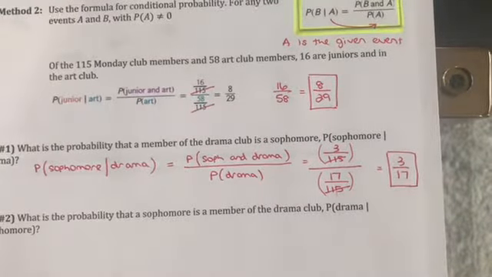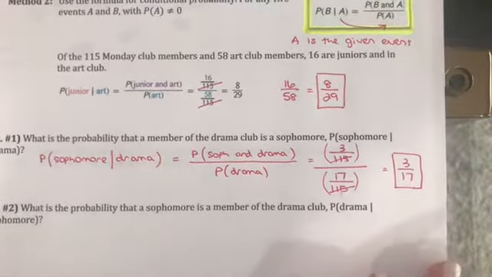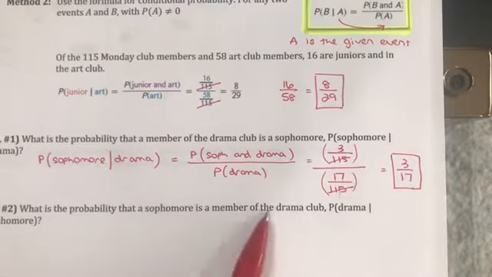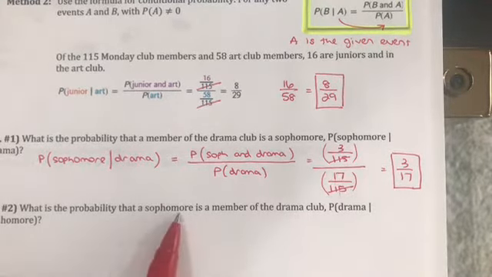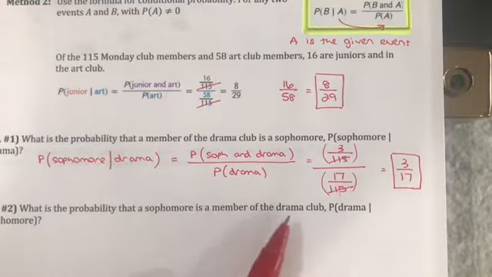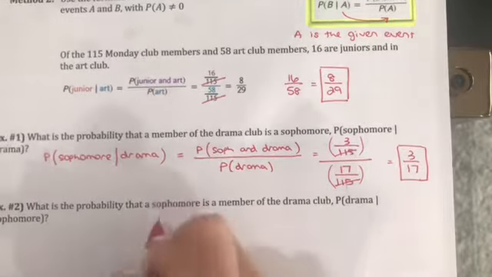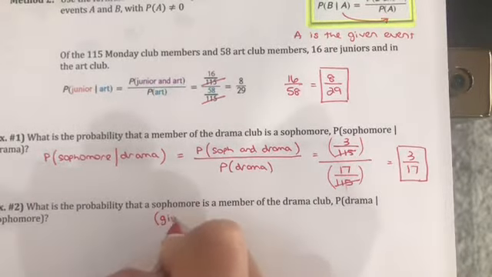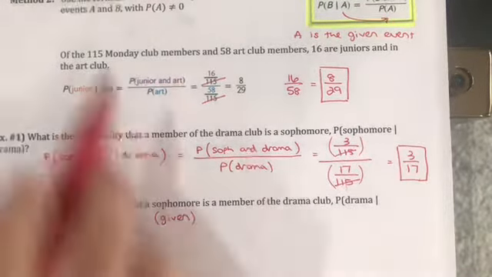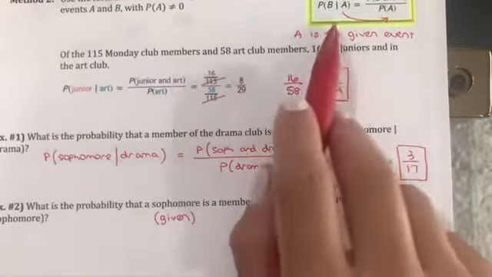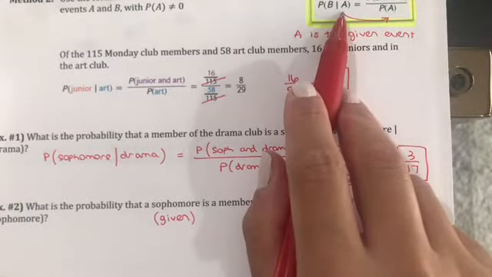Now what if we switch this around? What if we have the probability that a sophomore is a member of the drama club? So we're saying, given that it's a sophomore. The given portion is always going to be the second part of our notation.